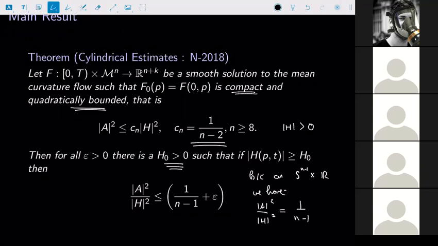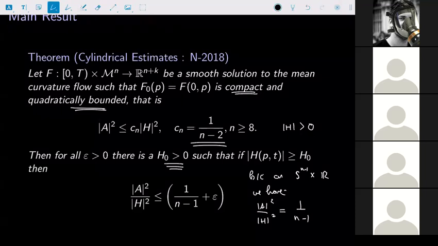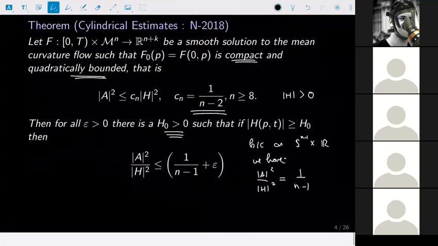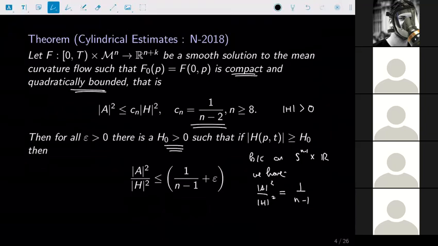So the curvature is approaching the curvature of the cylinder, which is S^(n-1) cross R. And for reference, if you have S^n, you have |A|^2 divided by H^2 equal to 1 on n.